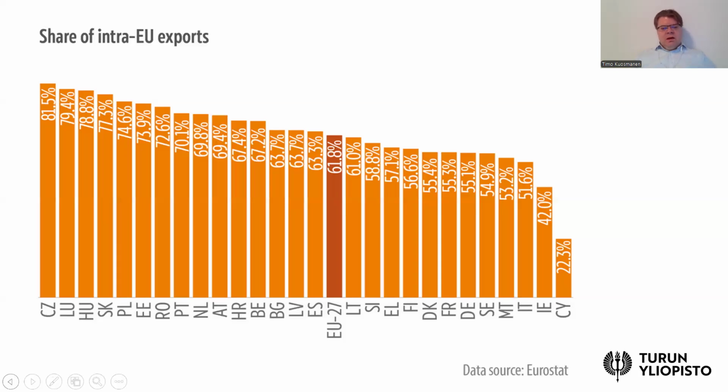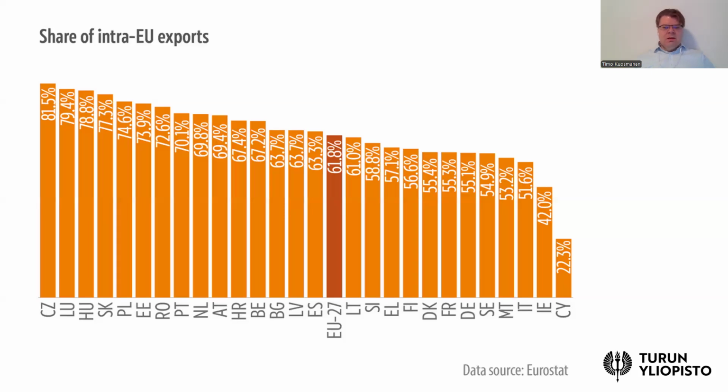For example, we have the highest share of intra-EU exports in the Czech Republic, which has its own currency. The second one is Luxembourg, which is part of the Eurozone, but the third one is Hungary, which also has its own currency. Slovakia is in the Eurozone, but Poland has its own currency.